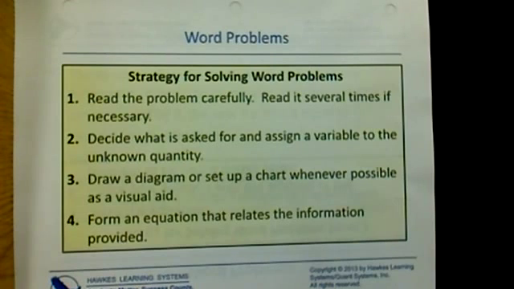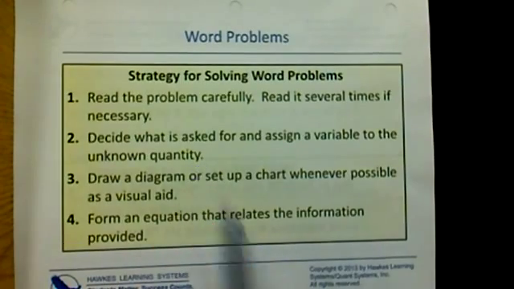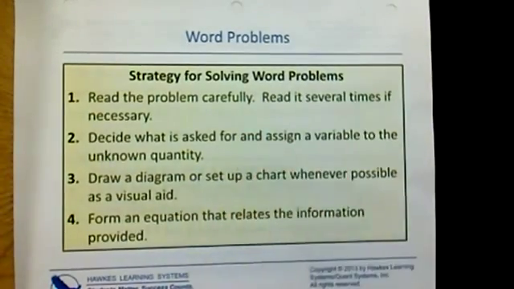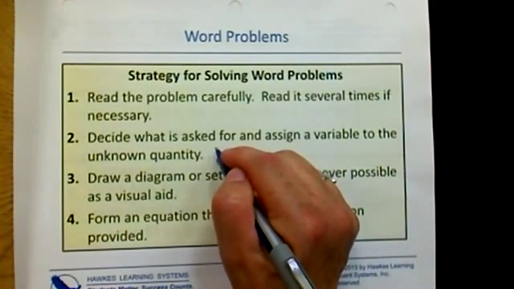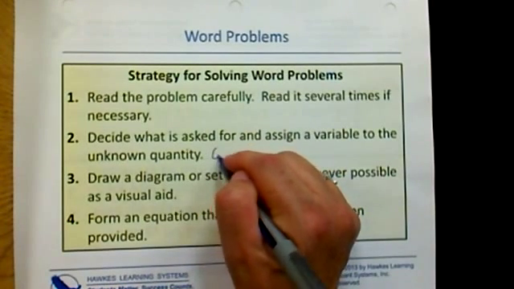Decide what is asked for and assign the variable to the unknown quantity. So we're going to figure out what we don't know anything about. And in this case, when you assign it, give the letter meaning.